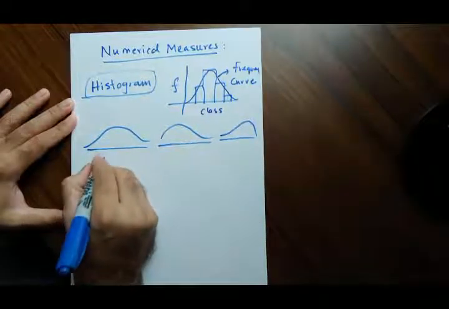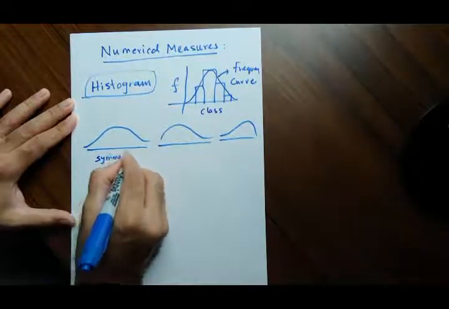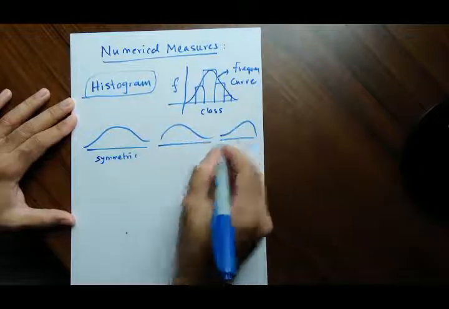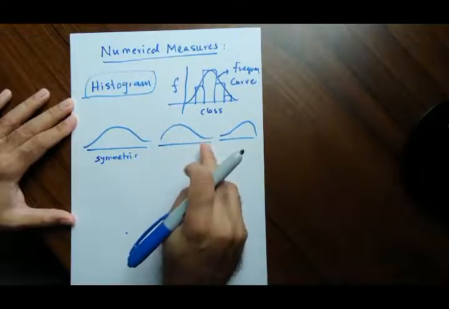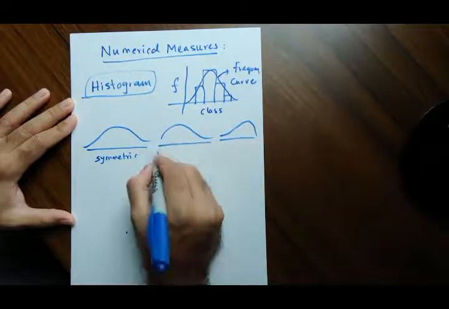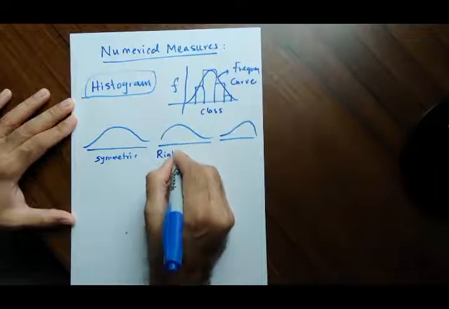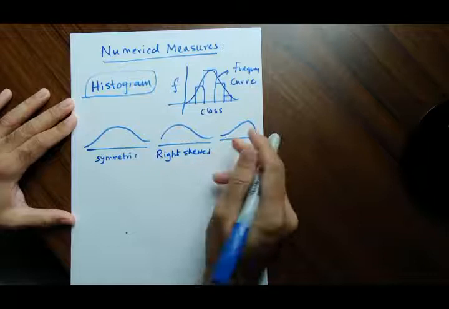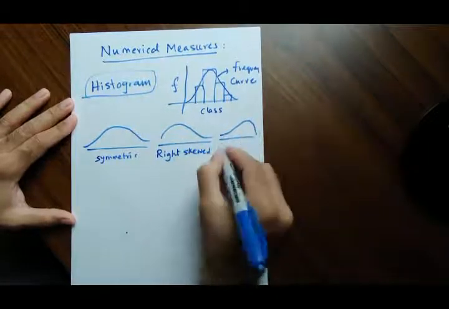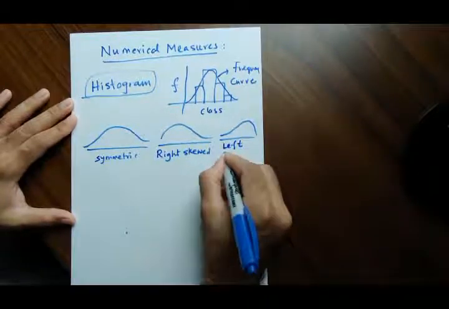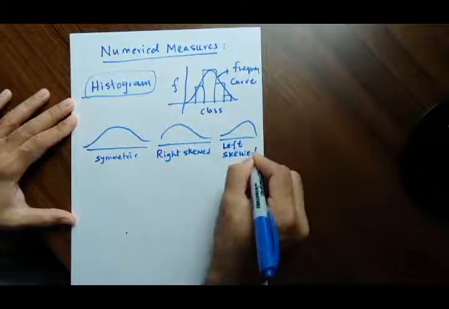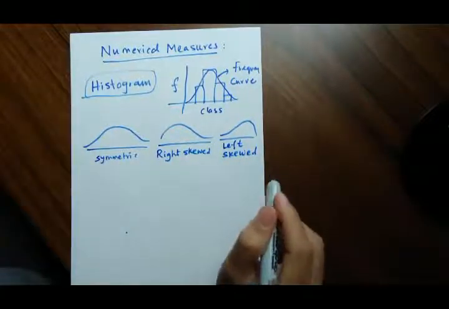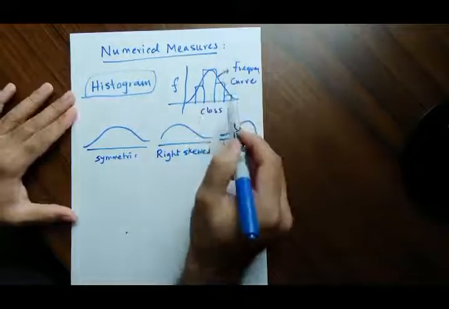This is called symmetric. These two are skewed. Since the longer tail is on the right hand side, we call this right skewed. Since the longer tail is on the left hand side, we call this left skewed. So these are the different types of shape we can get from the histogram.